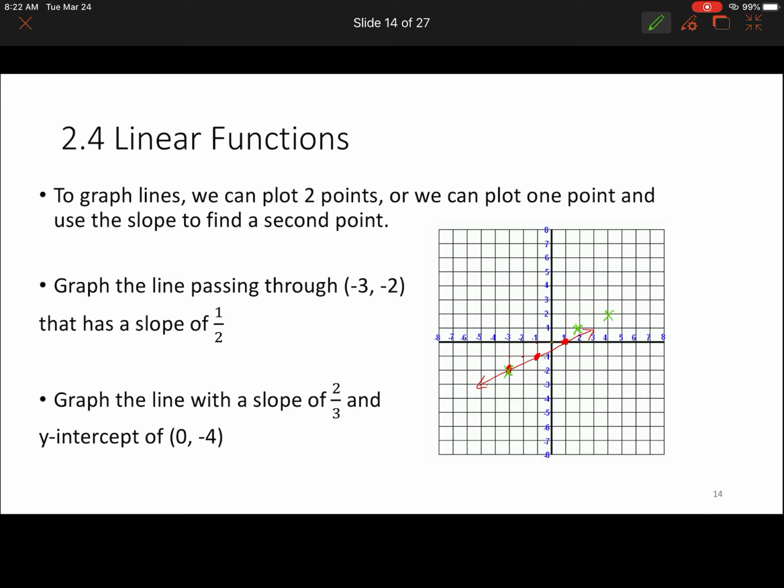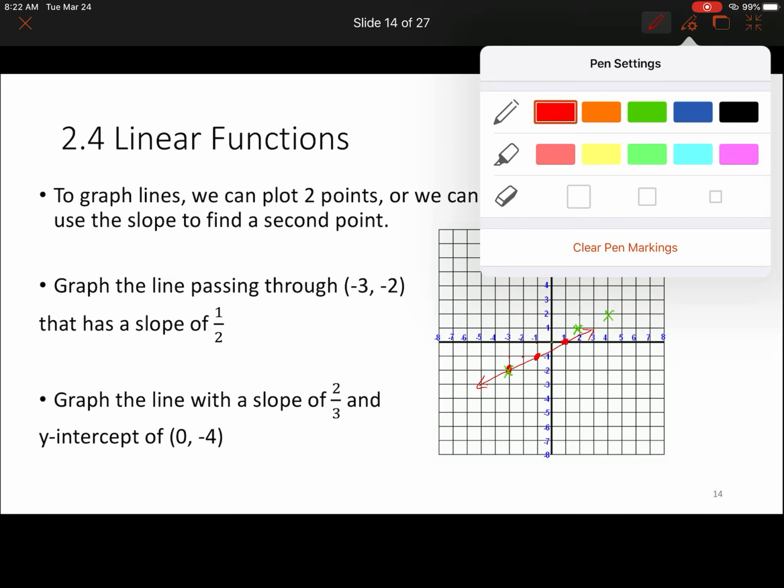Well, these 3 points that I have in green do not form a line. They're not a straight path. And so when you do that third point, it should help you see that, okay, that's not going to be right because it's not on the same line. So when we find our slope, like I've done in red, we're going to start with the point on the line, use our slope to find the next point.